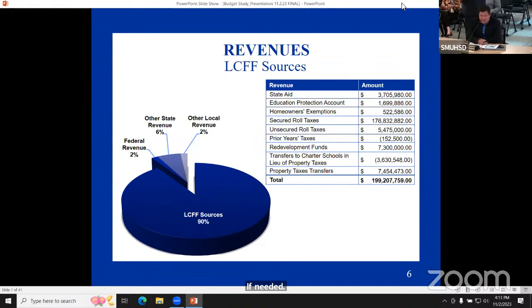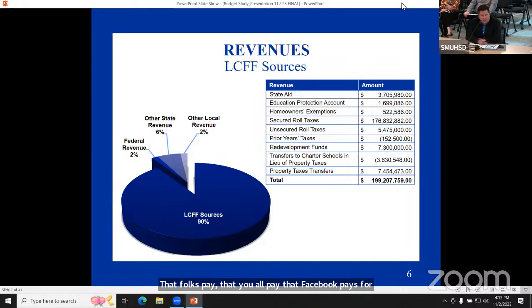LCFF sources account for about 90% of the revenue for the school district. About 89% of that is secured roll taxes. And secured roll taxes, and I'll get into all of the different pieces of this, is a portion of that 1% that folks pay, that you all pay, that Facebook pays for their property.